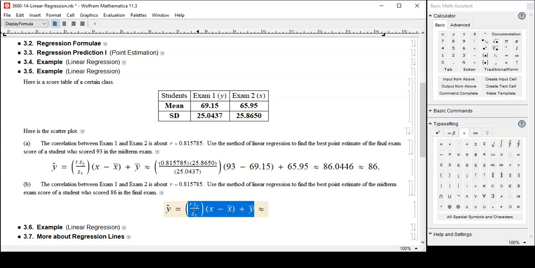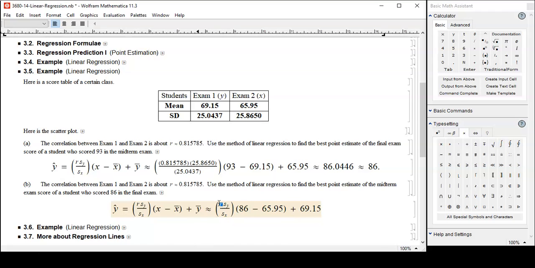So copy and paste all those. And the x value is now 86. x bar is 65.95, and y bar is 69.15.